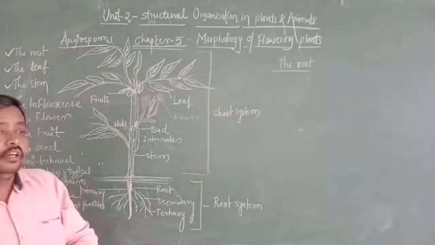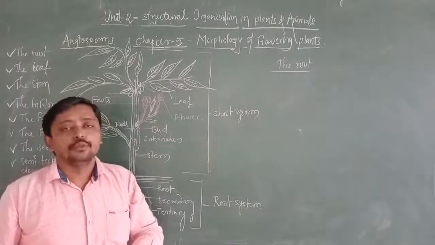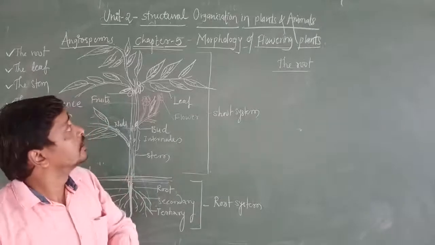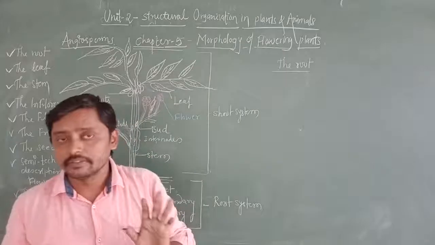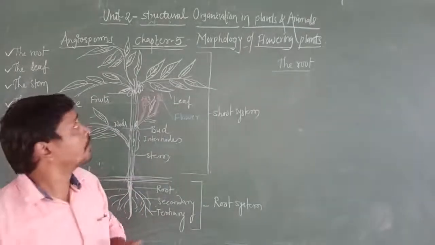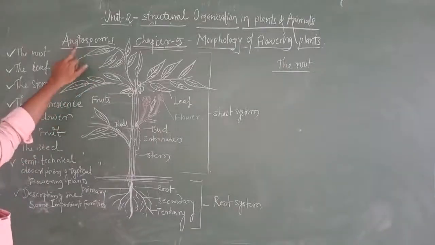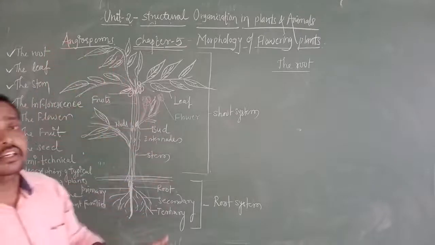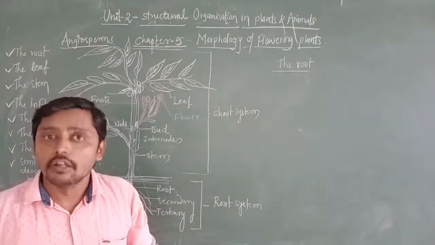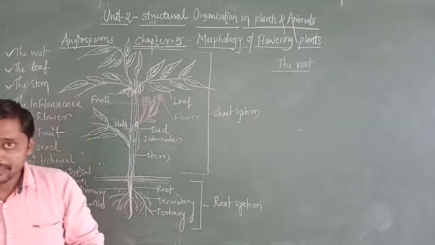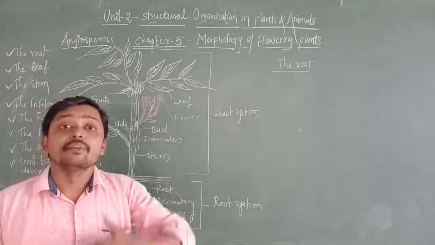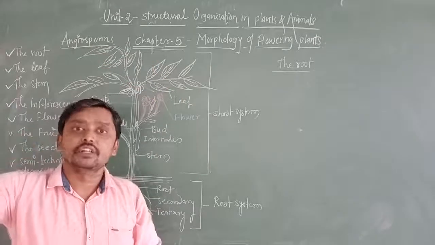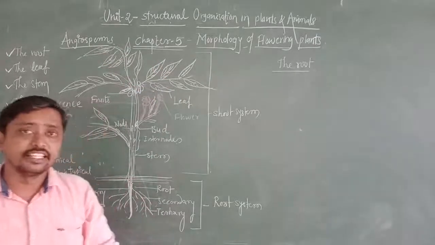Another point I am going to make clear: in the morphology of flowering plants, flowering plants come under angiosperms. Angiosperms are the well-evolved plants, just like we human beings and mammals are placed at the top in the animal kingdom.